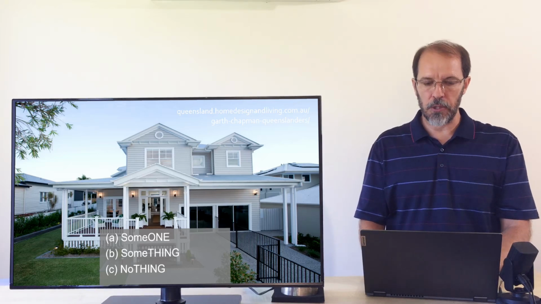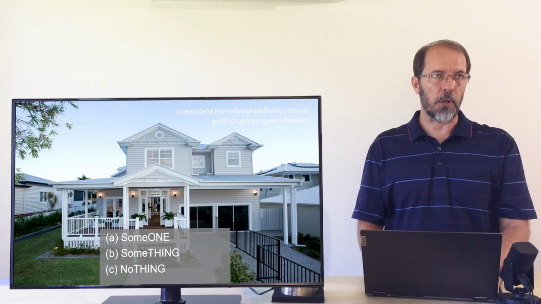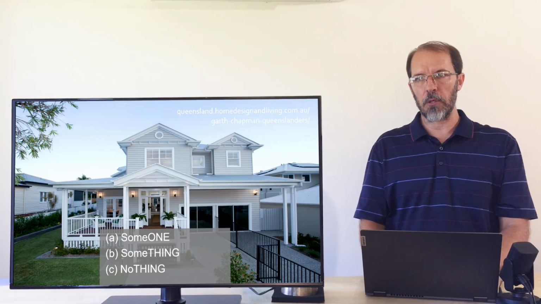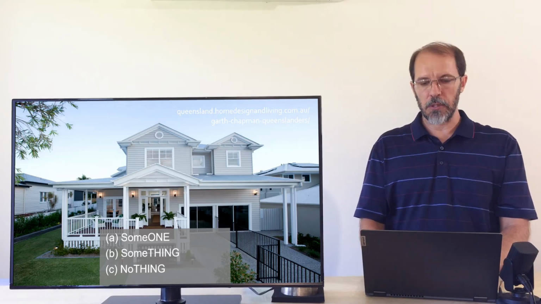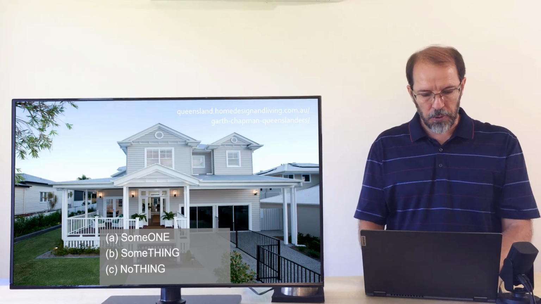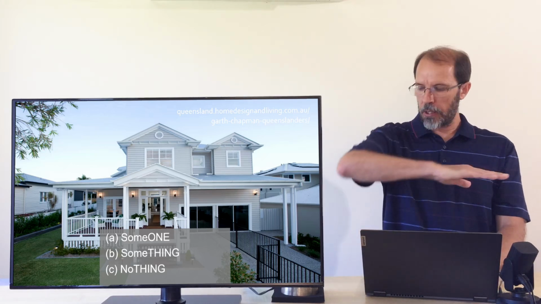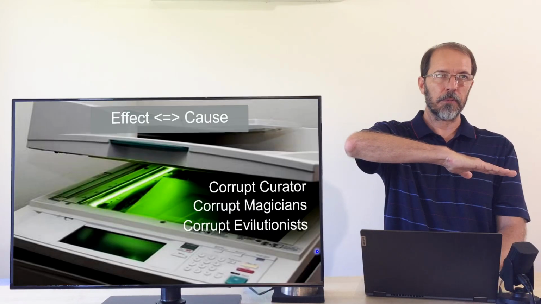Even artificial intelligence, we first need a computer that needs to be made by someone. Then we need the software to be programmed by someone. And only then can we have artificial intelligence. So this is no excuse for the argument. Someone is required to establish order against this law of entropy.